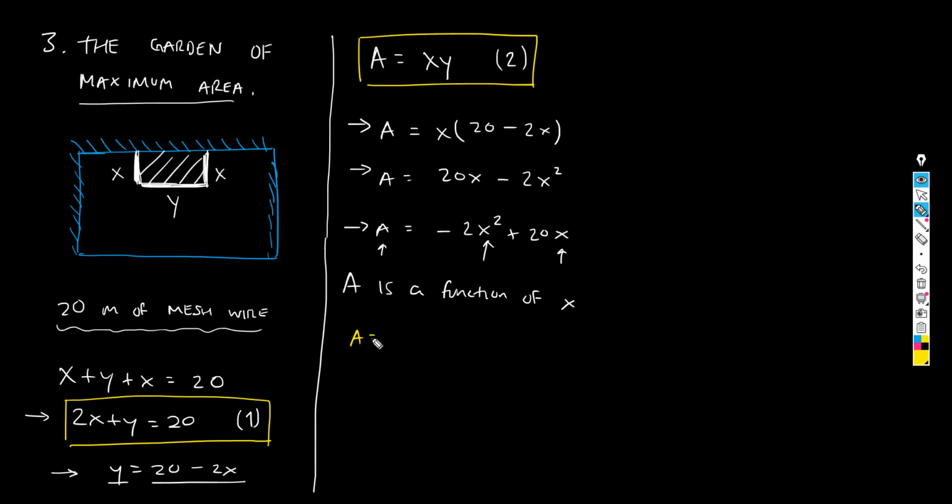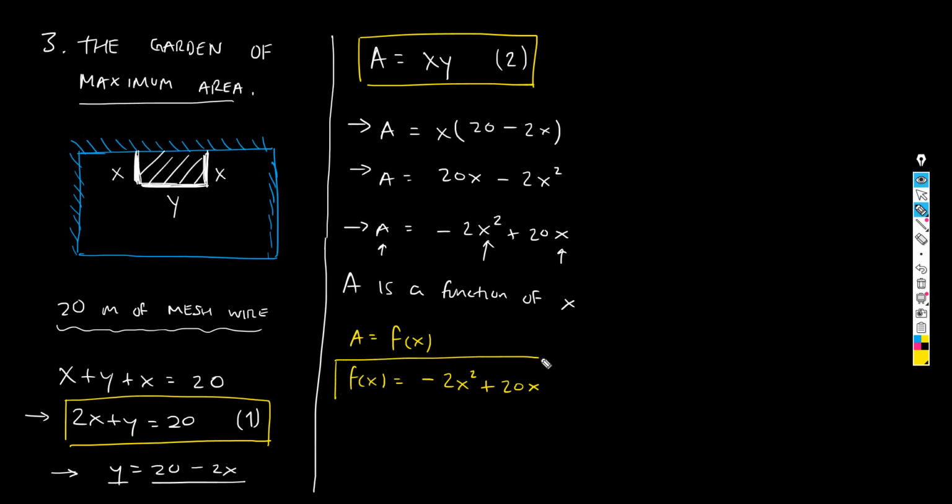What function? This one. f of x equals minus 2x squared plus 20x, where f of x is the area. The function f of x is giving me the area as a function of my side x.